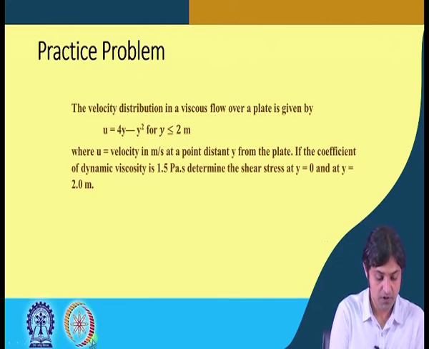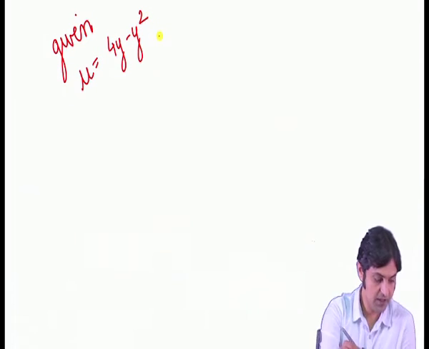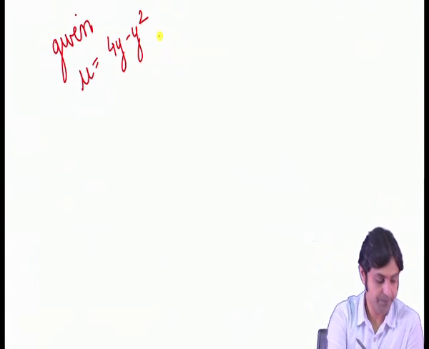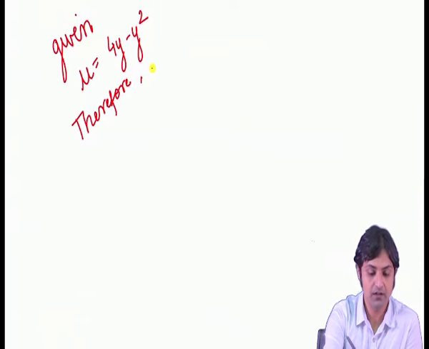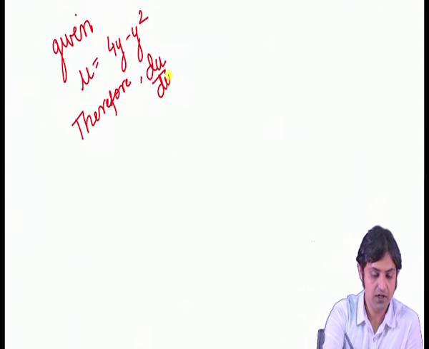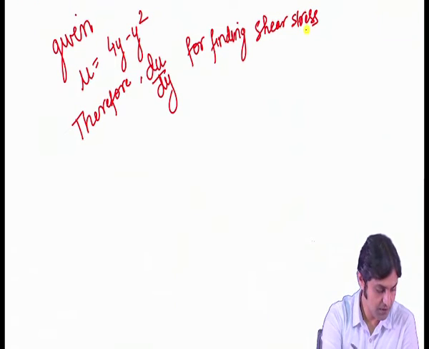Okay, so how are we going to solve this? What is given is u is equal to 4y minus y square, right. Therefore the first step is always finding du by dy for finding shear stress. This is very important.